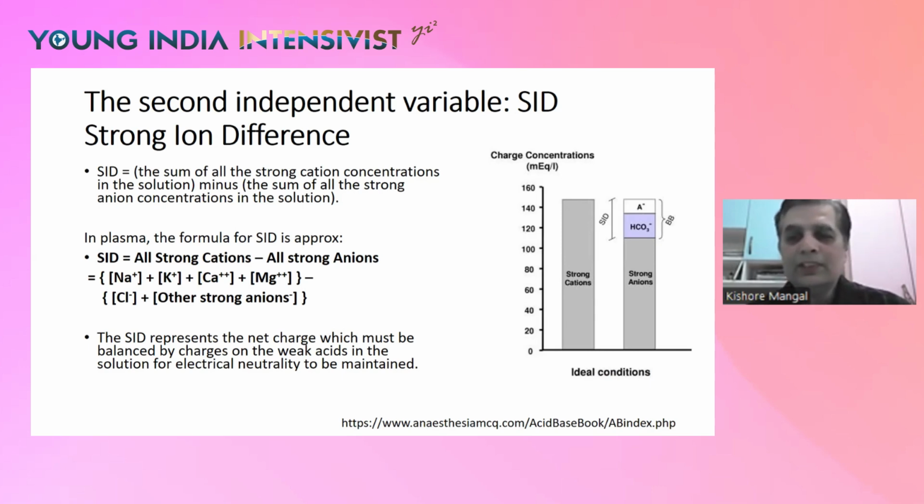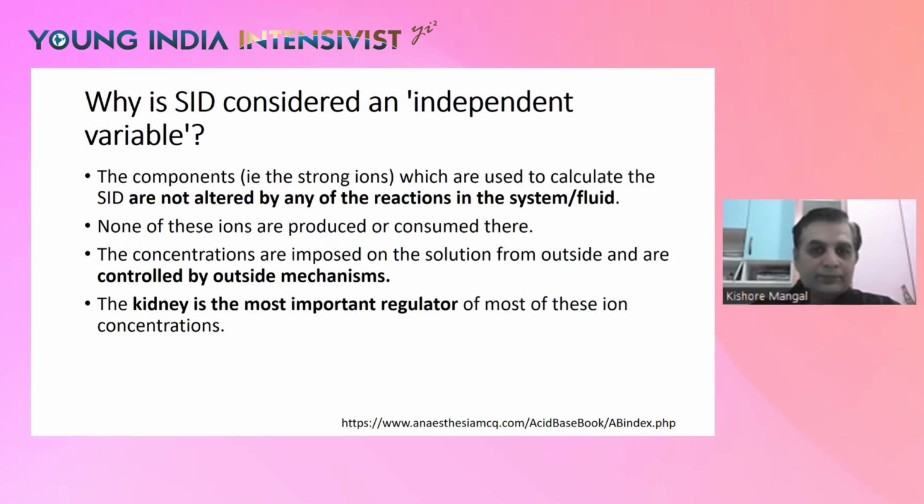Okay, so if these are strong anions and this is the remaining one, so this is going to be the weak anions. So SID is equal to all the negative charges of the weak anions or weak acids in the fluid. So why is it an independent variable?